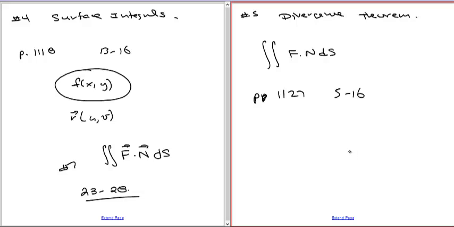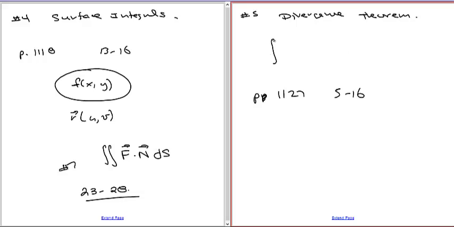So there, instead of doing this, you're going to do the volume integral. Actually, this is the divergence theorem. Sorry, that's for the previous problem.